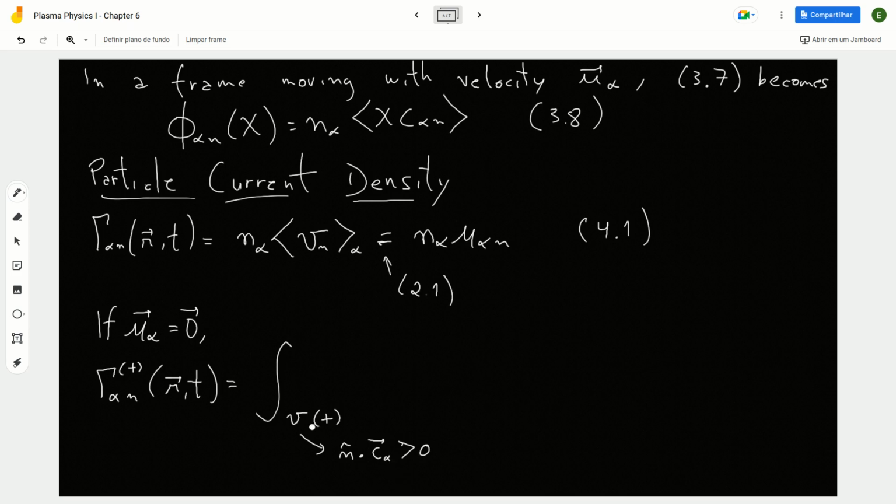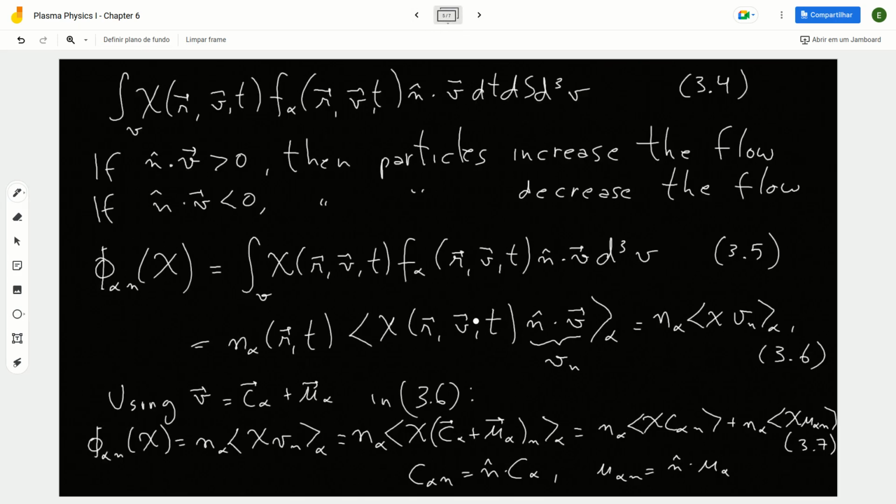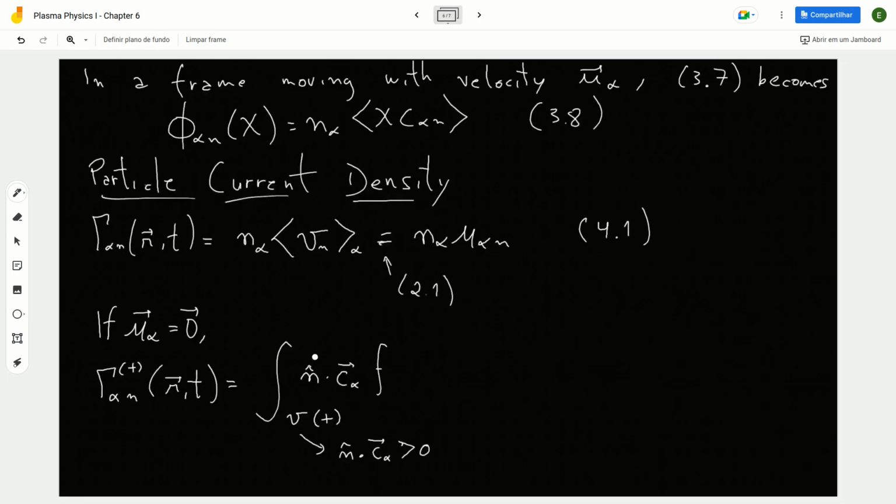So the integral will only consider those particles with those velocities. Here we reproduce the previous formula, using 3.5 with chi equal to 1 and V equal to C alpha.